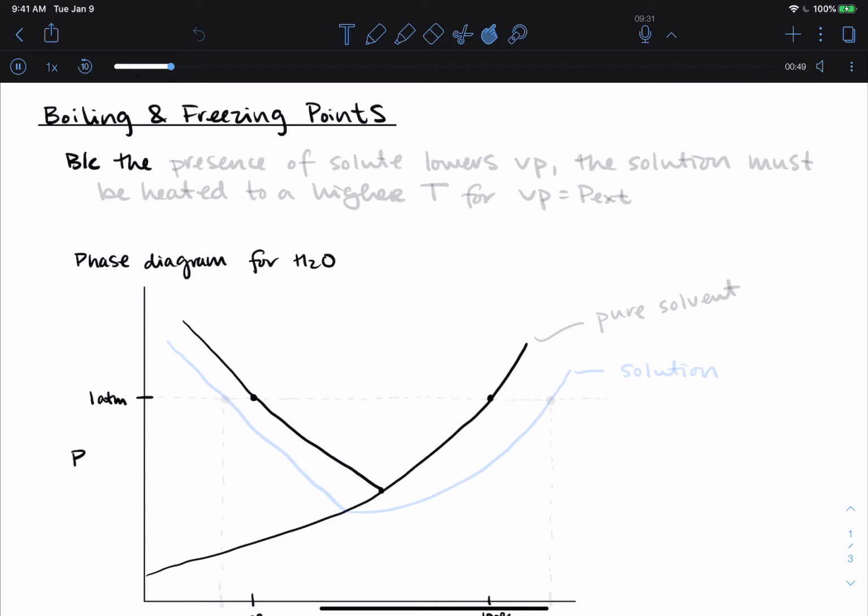So because that happens, we have to heat the solution to a higher temperature to get the vapor pressure to equal the external pressure.